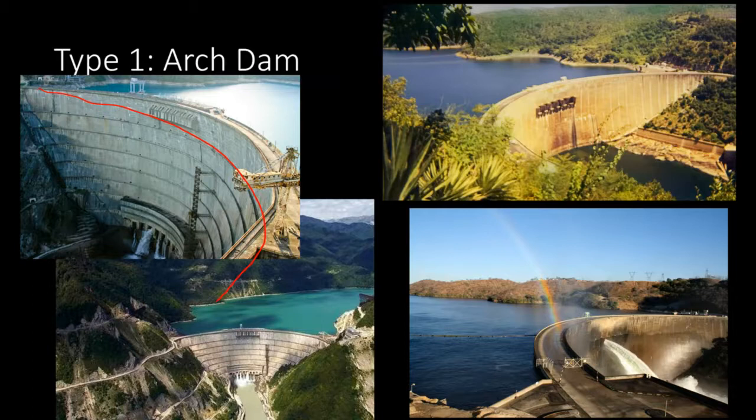It's easiest to see probably in this one right here. The water wants to flow downstream, and it's the push of the water that is kind of acting like gravity. And it's this catenary arch shape that's holding the water back.